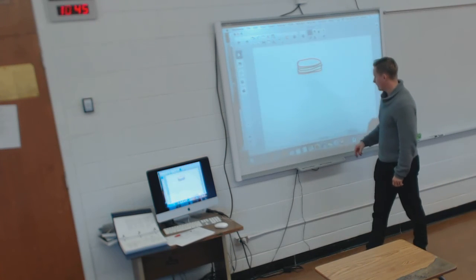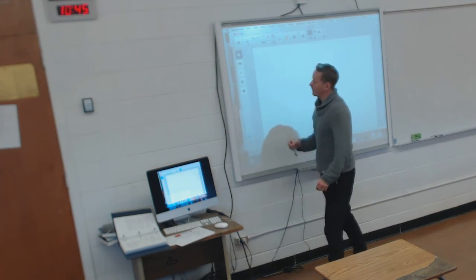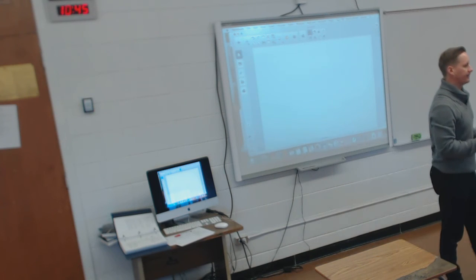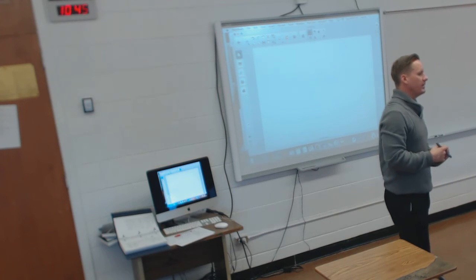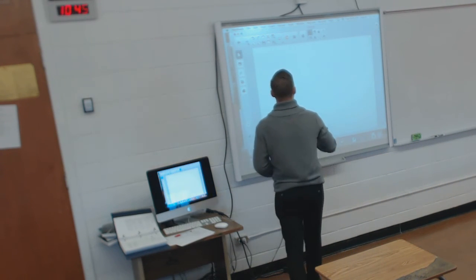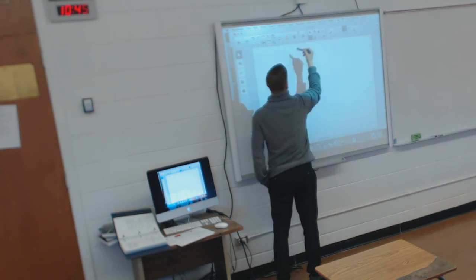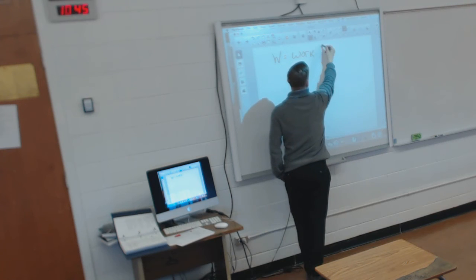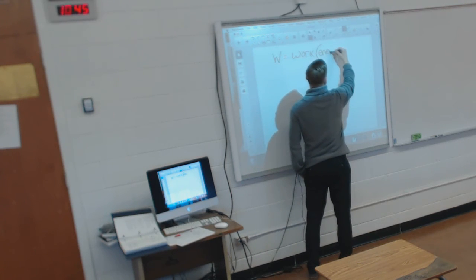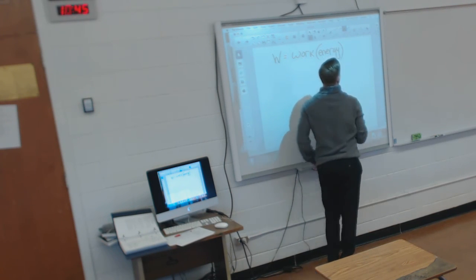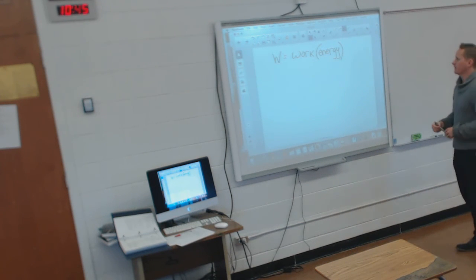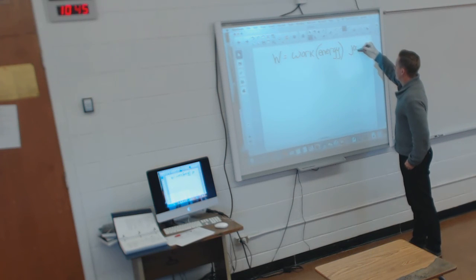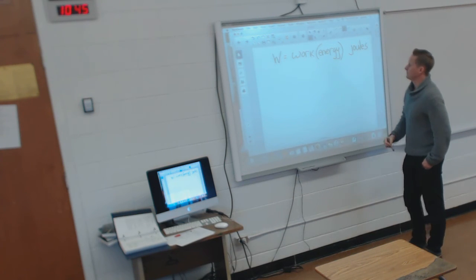Okay, so I'm going to use what they're doing here and describe what's happening. First of all, when we measure energy, we measure it in joules. But we also measure work the same way. Work, energy, we'll use those interchangeably to describe what we're doing, and we measure them in joules.